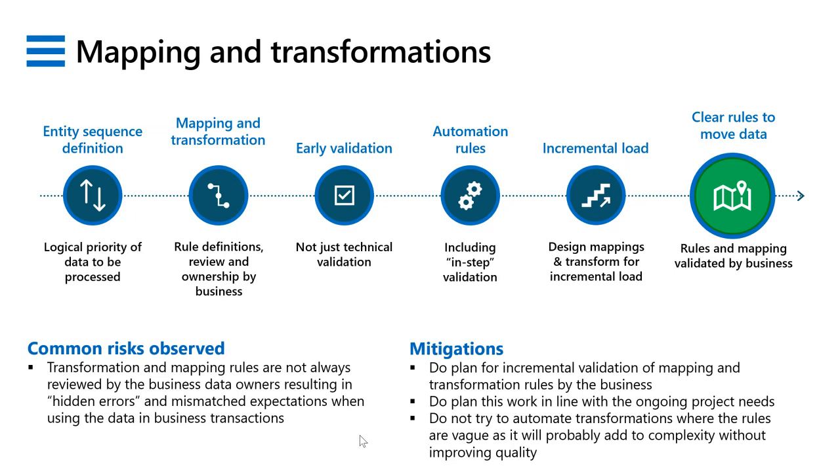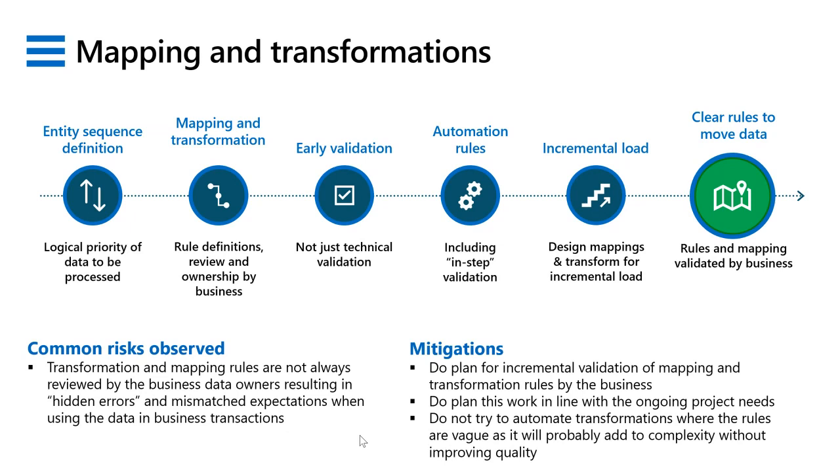Another mitigation we would recommend is don't try and automate transformations where the rules are vague, where the business cannot give you clear definition of how that transformation should work. It actually ends up creating more problems than it solves. There's only two paths you can take. You can say we can't take that data over because the rules are not clear, or you have to get the rules simplified, even if it means some compromises, so you can automate it because it's high volume.